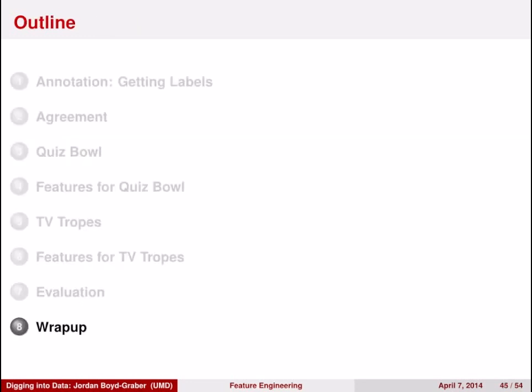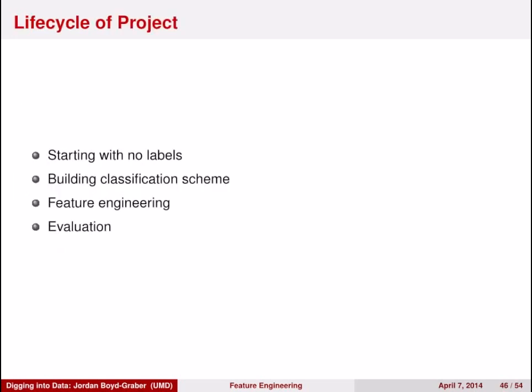So to wrap up, today we talked about the entire life cycle of a data science or machine learning project. In the beginning, you start with some data without any labels. You then work to establish a classification scheme. Perhaps you refine it to get good inter-annotator agreement.